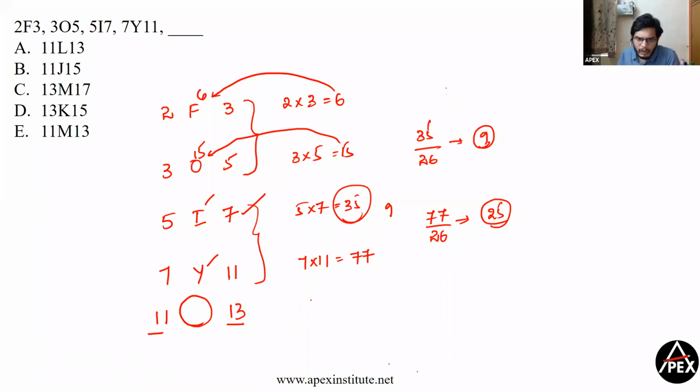Now what is 11 into 13? 143, isn't it? So what is 143 divided by 26? What is the remainder? 26 5s are 130, remainder will be 13. And the alphabet corresponding to 13 is M. Now do we have 11 M13? Yes. So the answer for this question should be option E.